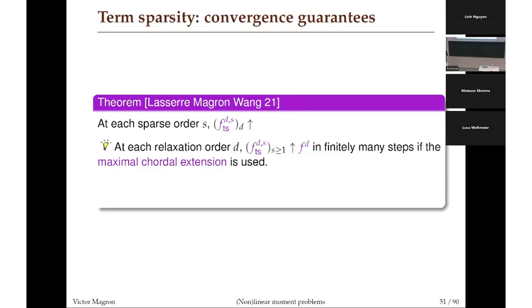And also at every relaxation order, if you increase the sparse order, then since you get more edges, you get better bounds. But the nice thing is that in infinitely many steps, the bounds that you obtain converge to the dense relaxation. So you are not conservative anymore. And I mean, the proof is kind of trivial, right? If you add edges like a brute, then at some point you will have the complete graph, and then you will just solve the dense problem.